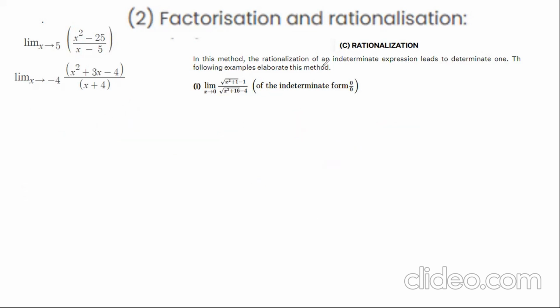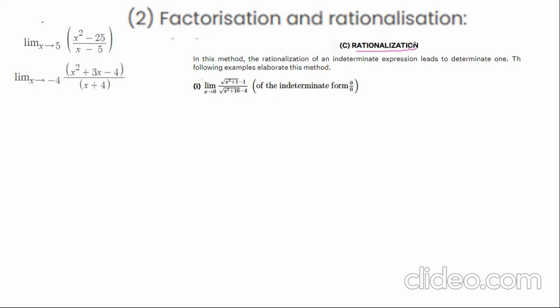Now, next one is the rationalization method. Factorization method sometimes is possible, but in the case of this kind of problems, we use rationalization. You know how to rationalize the denominator and how to rationalize the numerator, right?